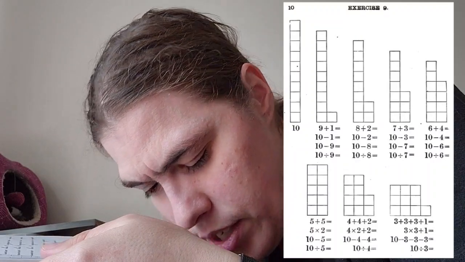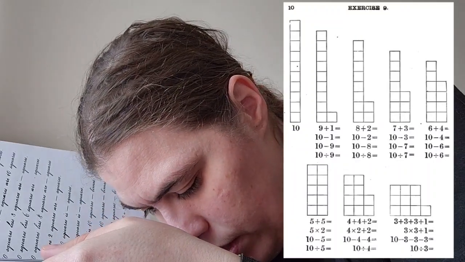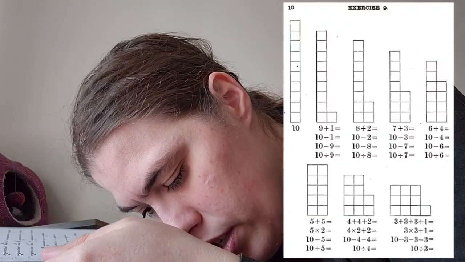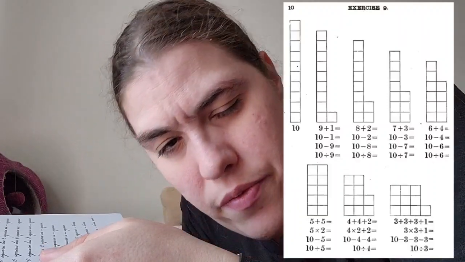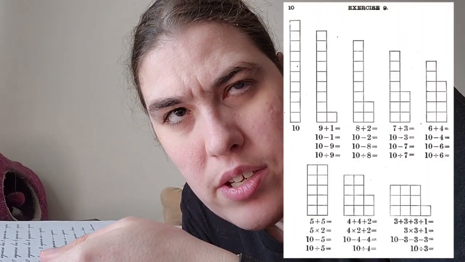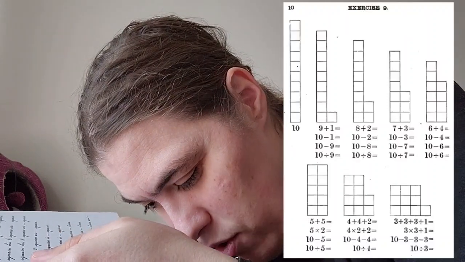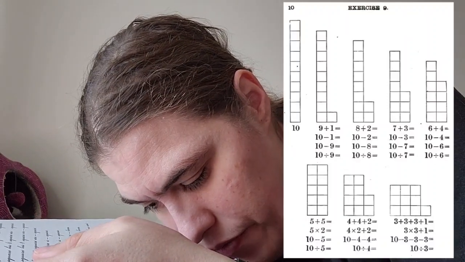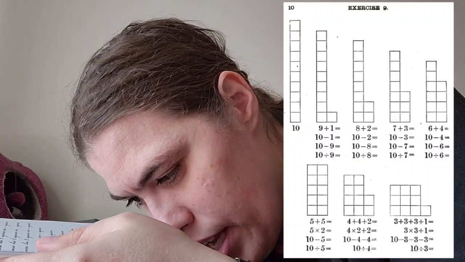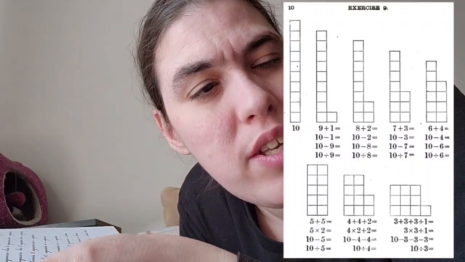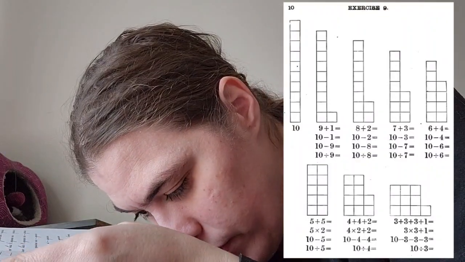I don't know what 10 less 4 is. But I know that 4 and 4 are 8, and 10 less 8 is 2. 10 less 4 is 6, because 6 and 4 are 10.